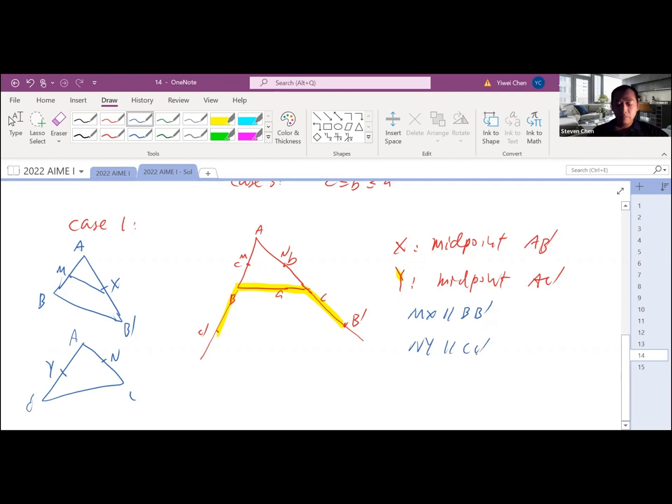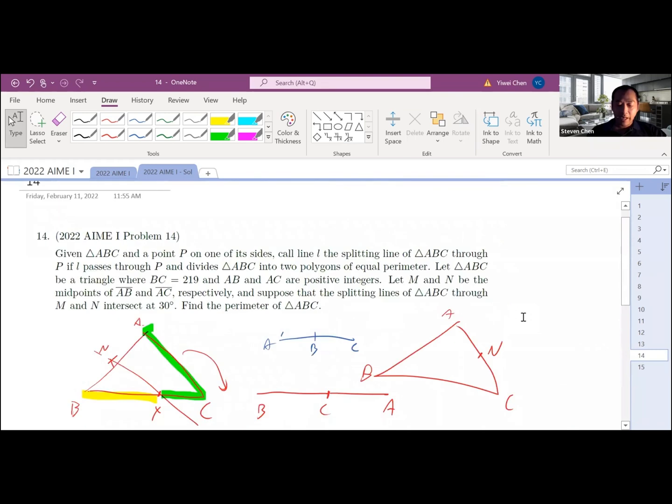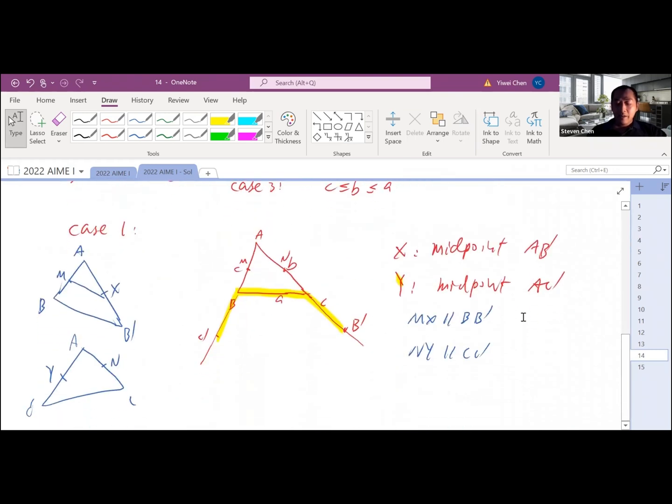This parallel observation is very important, in the sense that recall this problem tells us that the two splitting lines, MX and NY, cross and form an angle equal to 30 degrees. By having such parallel properties, it essentially tells us the equivalent fact that the angle formed between BB prime and CC prime is equal to 30 degrees.